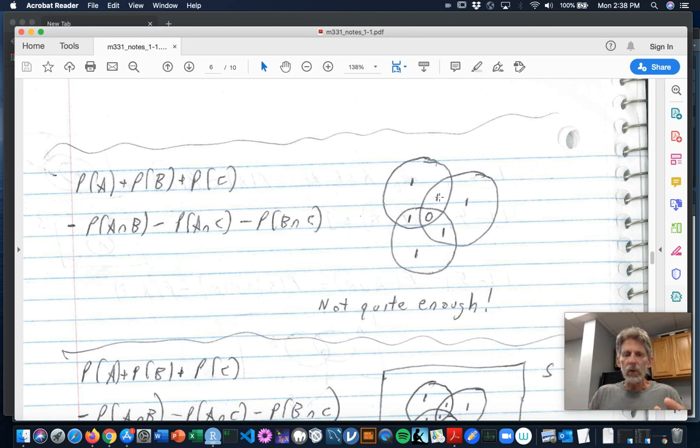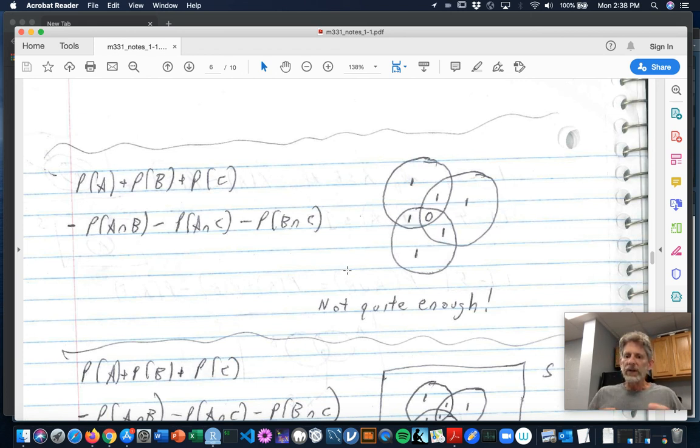When we take that away, then we're only counting this little part once. And similarly, when we take away the B and the C, we're counting this little part once, and we take away the A and the C, then we're counting this little part once.